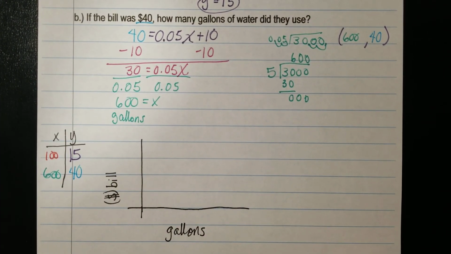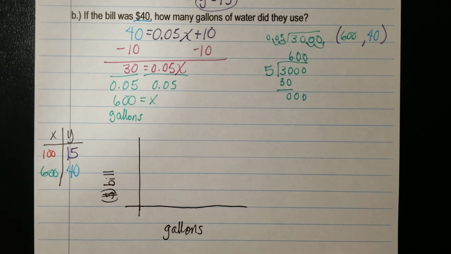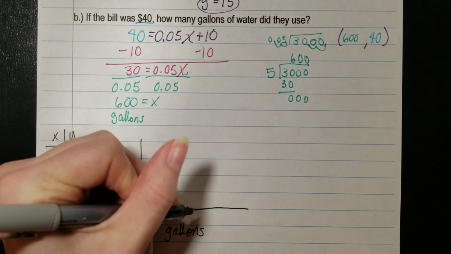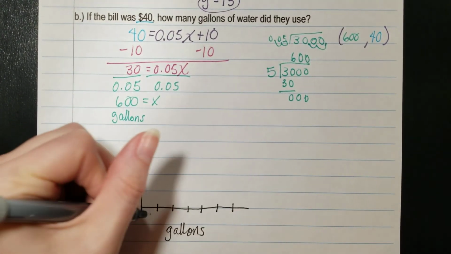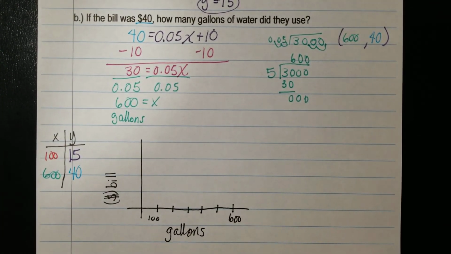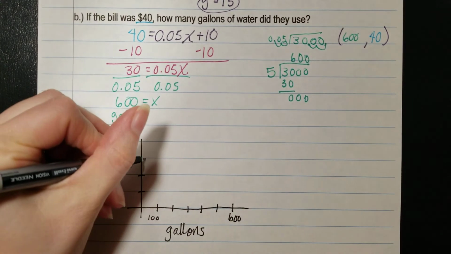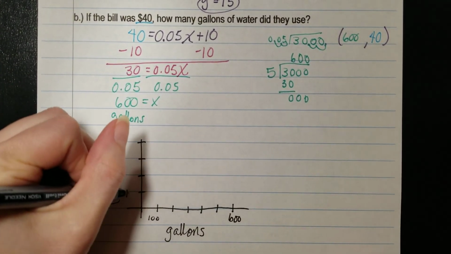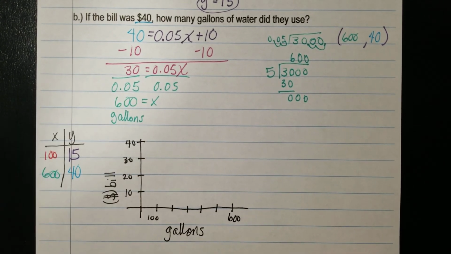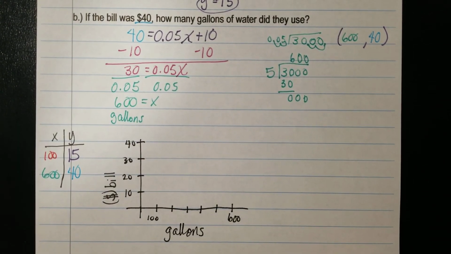So for the x-axis, I'm just going to scale by 100s. 1, 2, 3, 4, 5, 6. So that's 100, and that's 600. And I'll just count by 10s for the y-axis. 10, 20, 30, 40. And then I'll just plot those points.